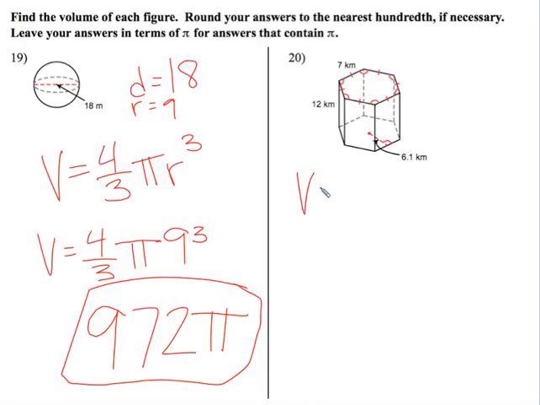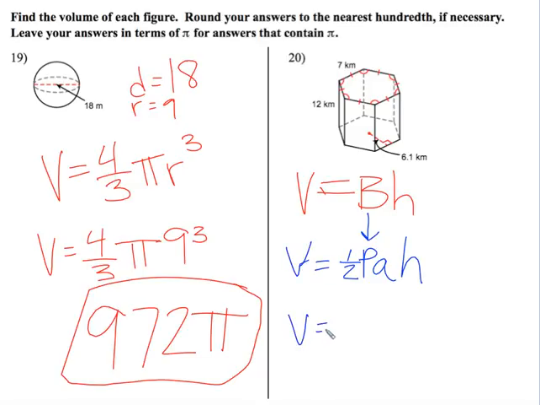Volume of a prism is just capital B, which is area of the base, times the height, which is the distance between the bases. So capital B, area of the base. The base is a hexagon, so that would be 1/2 perimeter times apothem. So the entire formula is half pi, because I'm bringing down this h. So perimeter of the base is going to be 7 times 6, so that's 42.